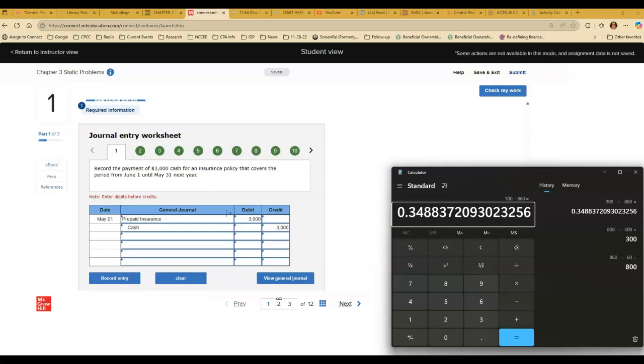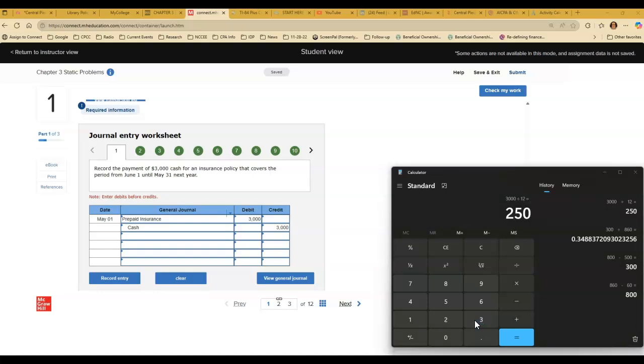There we go, 1/12 of the 3,000. So we would take 3,000, divide by 12, right? Because it's for a whole year. You see it? Oh, I'm having all kinds of light bulb moments here. So every month from June all the way through May of next year, when we actually have insurance coverage, we will move $250 out at the end of each month.